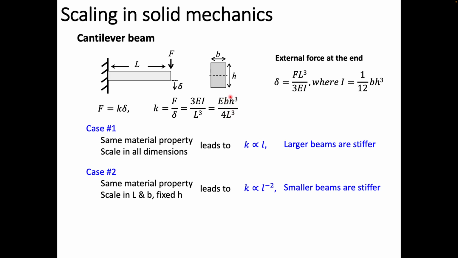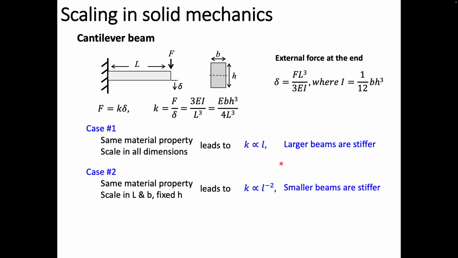So this is length to the power of 4, and here length to the power of 3. We essentially cancel out, and only L is left. What that means is that as we scale up, the stiffness, or spring constant, increases. By looking at this, we can conclude that larger beams are stiffer.